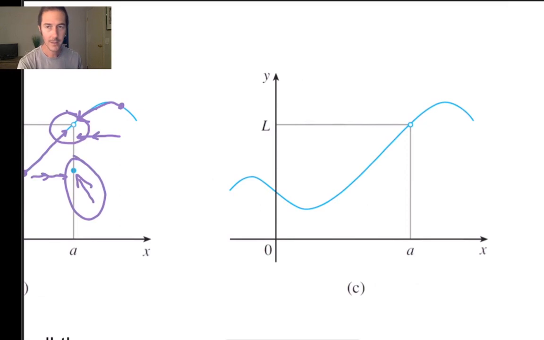That's nice. Is that necessary? Well, here we're looking at the same graph yet again, except this function's not even defined where x equals a. And I am wondering, does that matter?